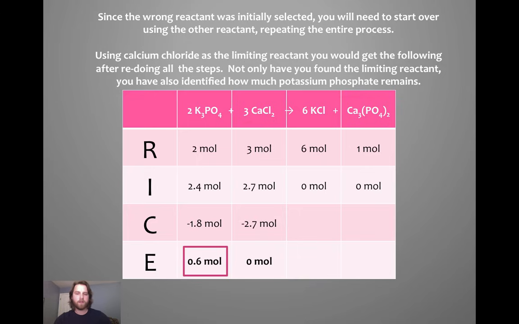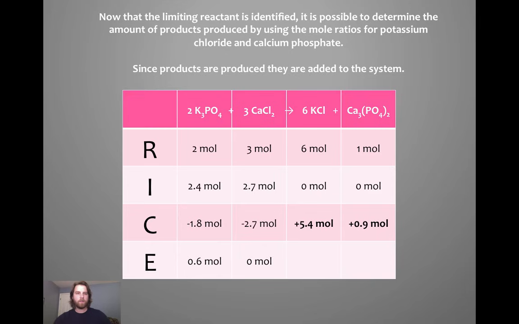So how many products did we get? We have to determine the amount of products using mole ratios for potassium chloride and calcium phosphate. Since they are products, they are added to the system, so they have positives in front of them. If we used 2.7 moles of calcium chloride, how many moles of potassium chloride did we get?